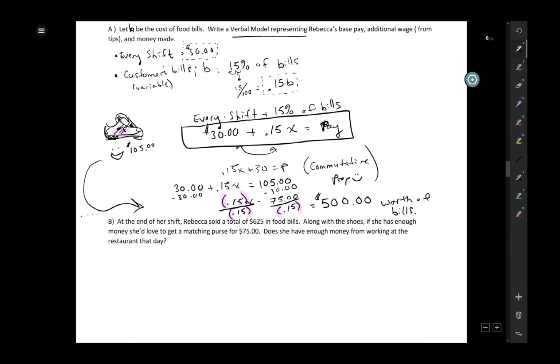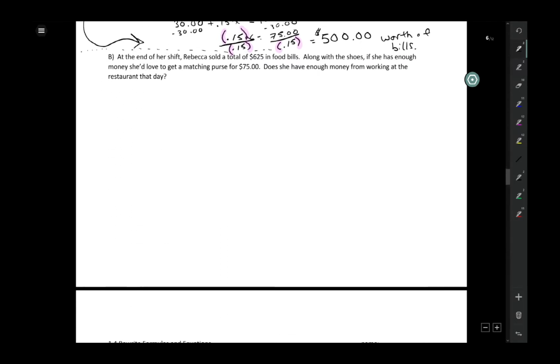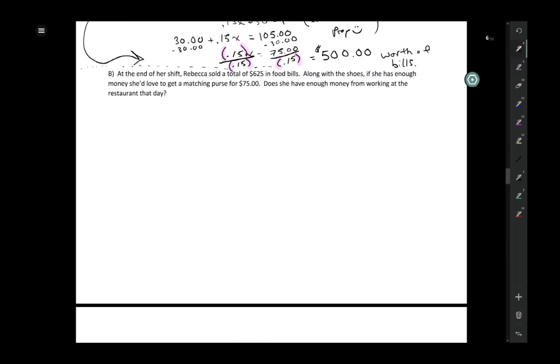Now, that's the basics of the word problems, okay? Now, these ones here, they're going to make you think a little bit more. Oh, no, Mr. Dvorsky. Okay, so try this one. At the end of her shift, she sold a total of 625. Along with the shoes, if she has enough money, she'd love to get a matching purse.